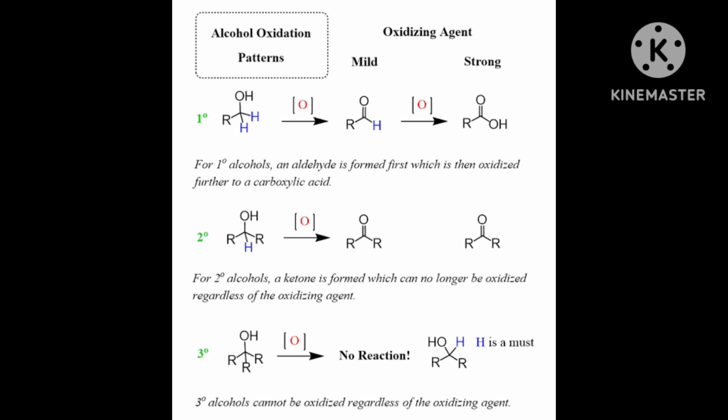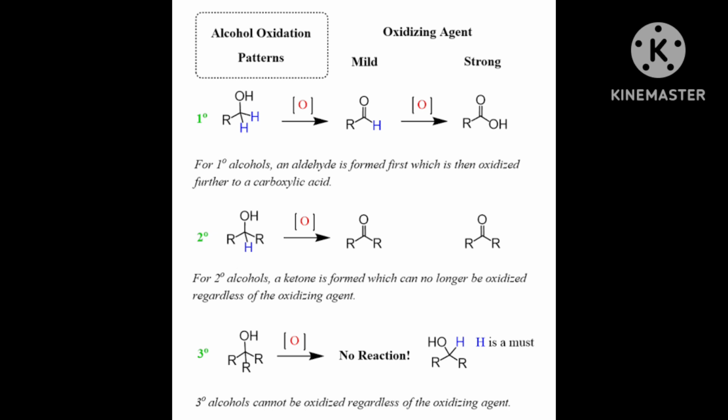These are also known as dehydrogenation, because here two hydrogens are leaving. That's why it is also called a dehydrogenation reaction, as these involve loss of dihydrogen from an alcohol molecule.